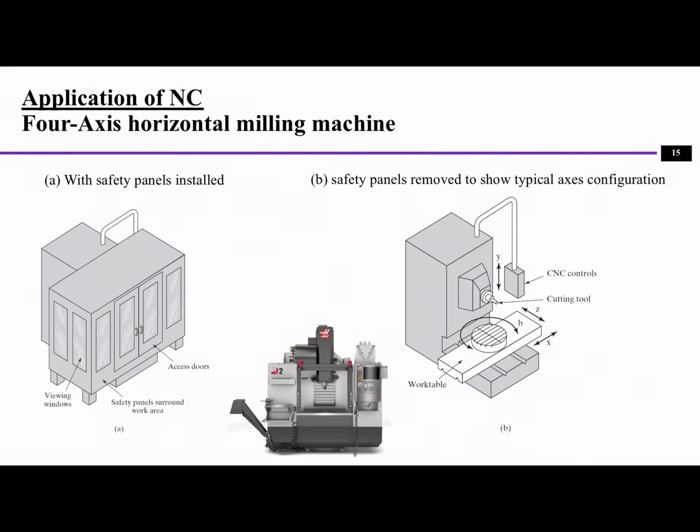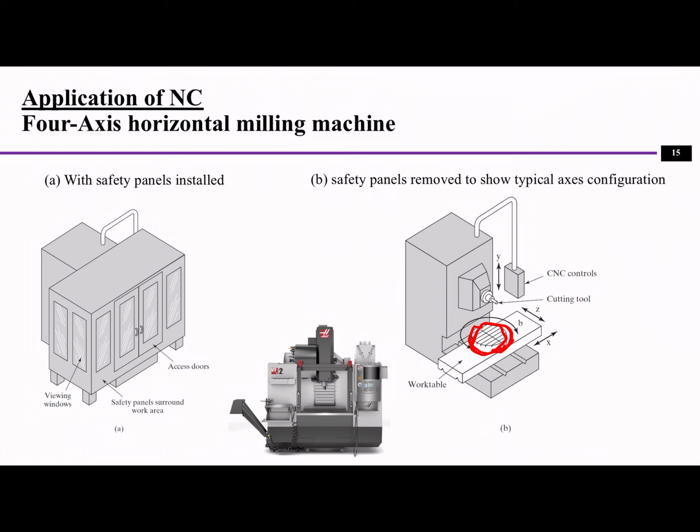And different axes for CNC machines. Sometimes they can be multiple axes, like 3 axes, 4 axes, 5 axes, 6 axes. Sometimes you may have 8 axes. With more axes, the CNC machine's capability is higher. For example, with this work table, if this round table cannot rotate, it only has 3 axes, right?